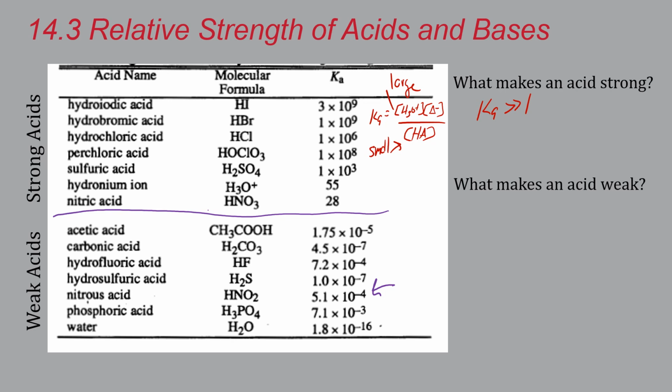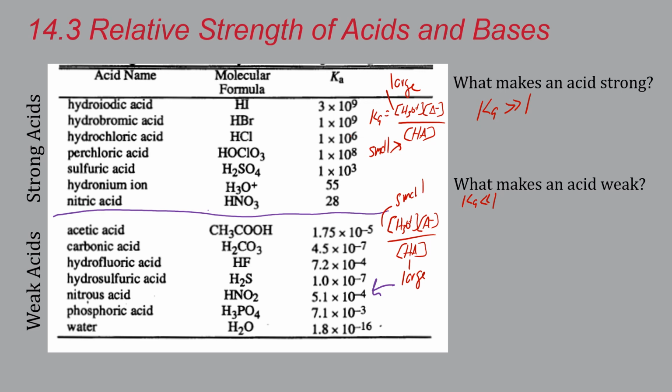So what makes an acid weak? Well, the Kas for the weak acids tend to be less than 1, and in many cases much, much less than 1. So in this case, the concentrations of H3O plus and the conjugate base are quite small, and the concentration of the unproton transferred acid is actually quite large.